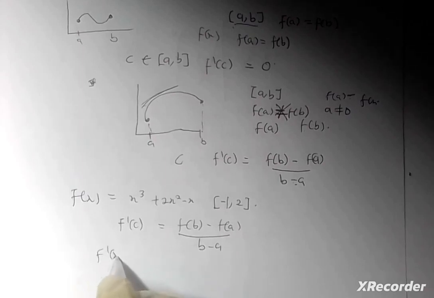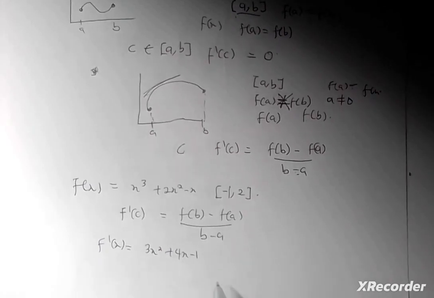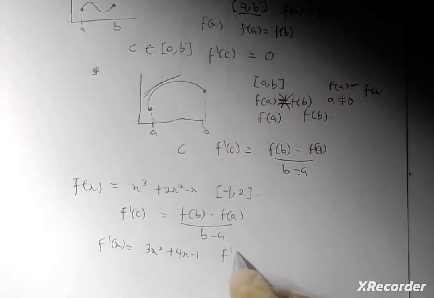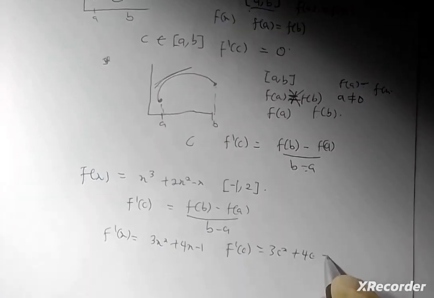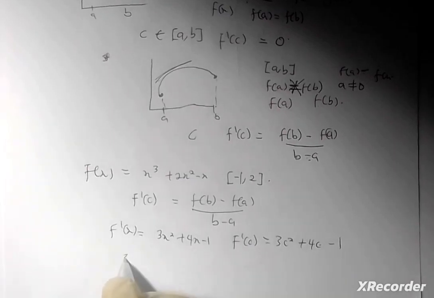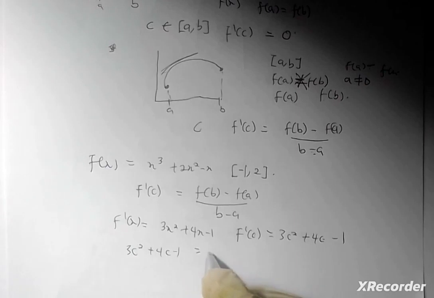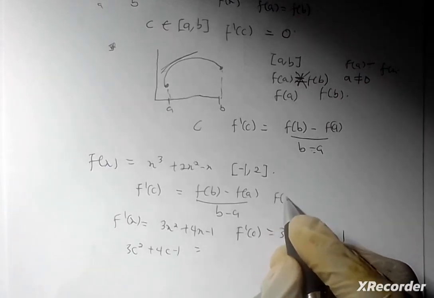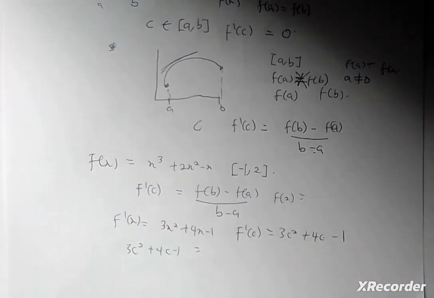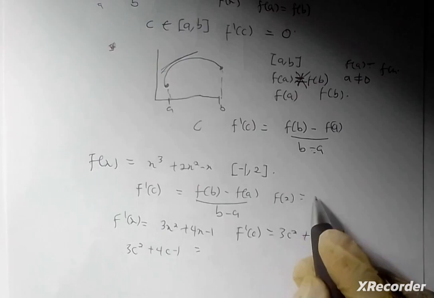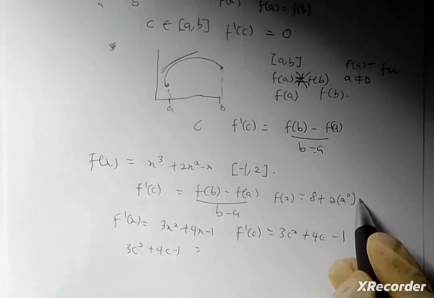So my f'(x) is going to be 3x squared plus 4x minus 1. Once I find this, my f'(c) is simply 3c squared plus 4c minus 1. Then 3c squared plus 4c minus 1 should be equal to f(b) minus f(a). What will be my f(b)? My b is 2. f(2) in this function: 2 to the power 3 is 8, plus 2 times (2 squared) minus 2.